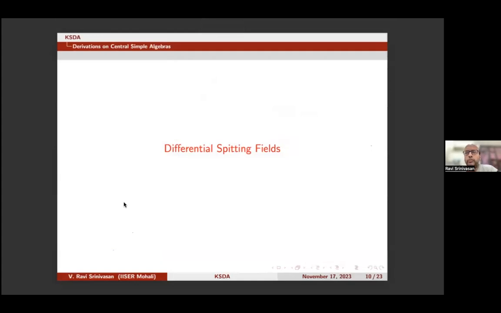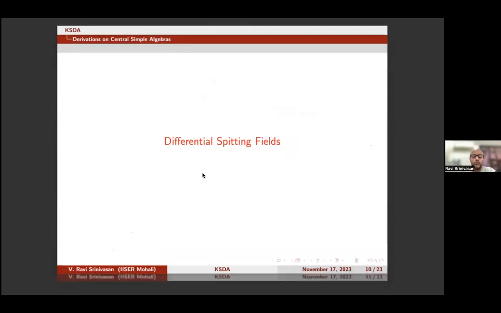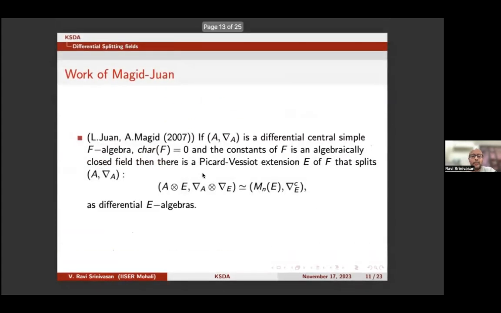So what we are interested in should be splitting. There is an L missing. So what we will be interested in is to consider splitting, to look at the splitting fields of differential central simple algebras.